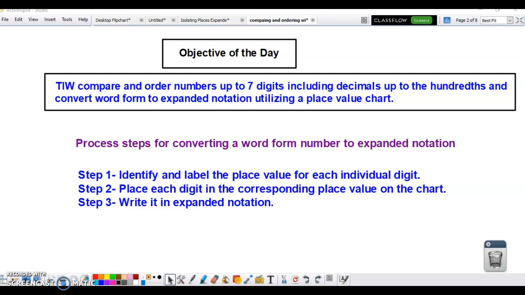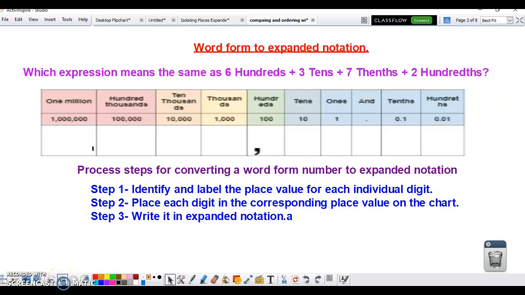Okay, so let's see what that looks like. Working on an example. Today we're going to be working with word form, and we're going to convert that into expanded notation. That means we're going to grab a word number and put it in expanded notation.